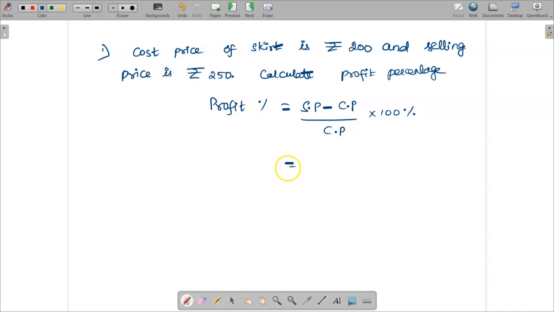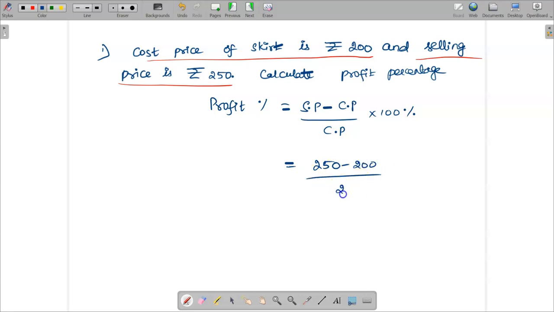So here the selling price is 250 and the cost price is 200. So use that in the formula and determine the value.